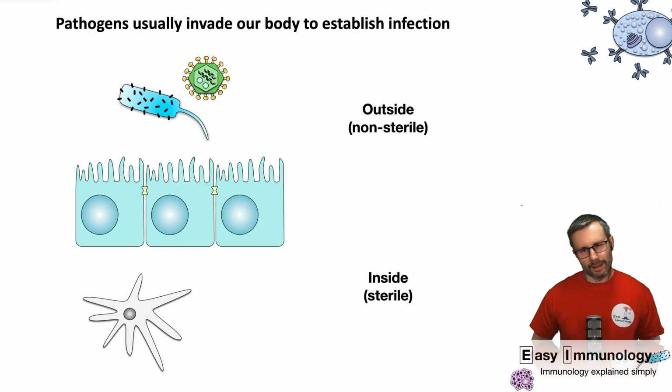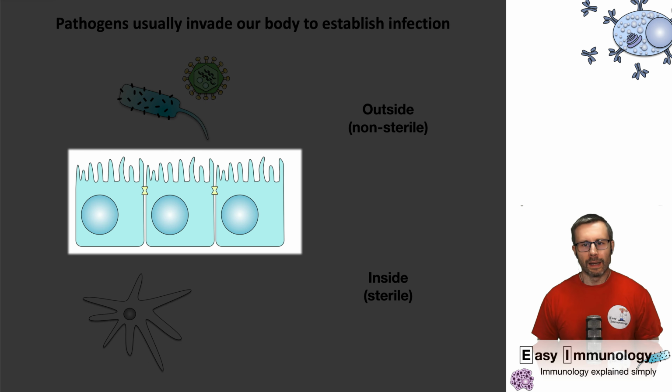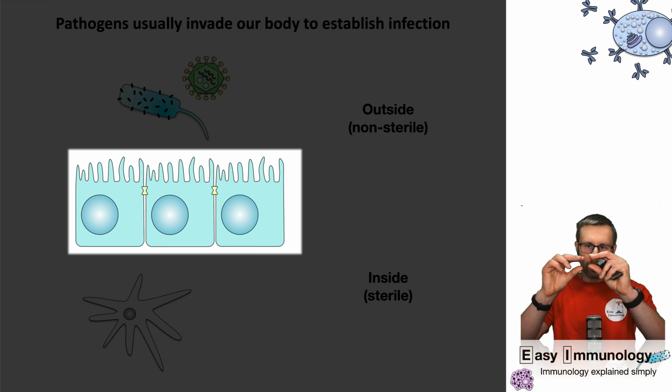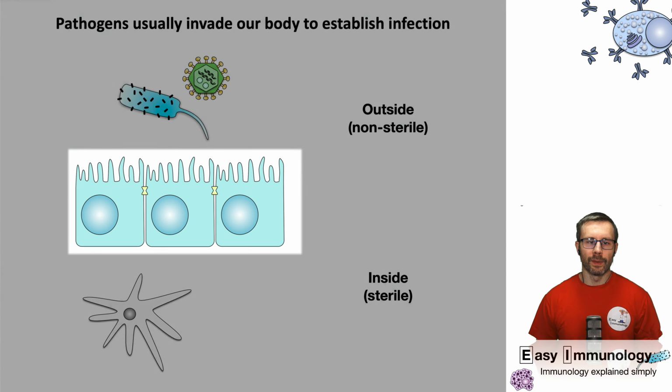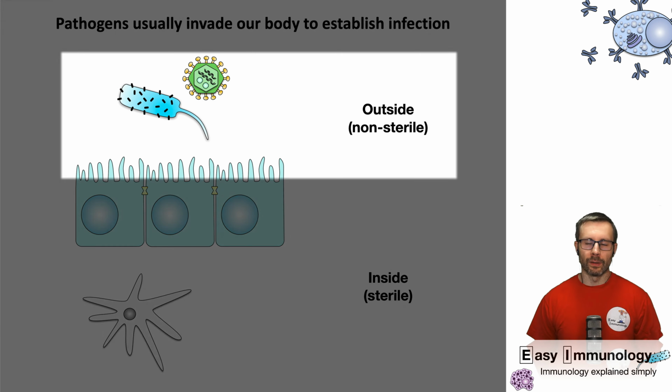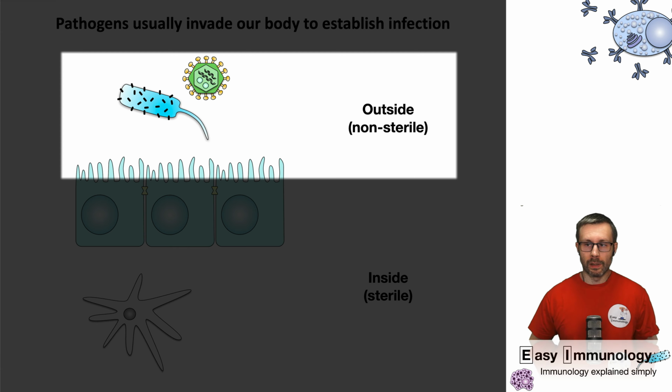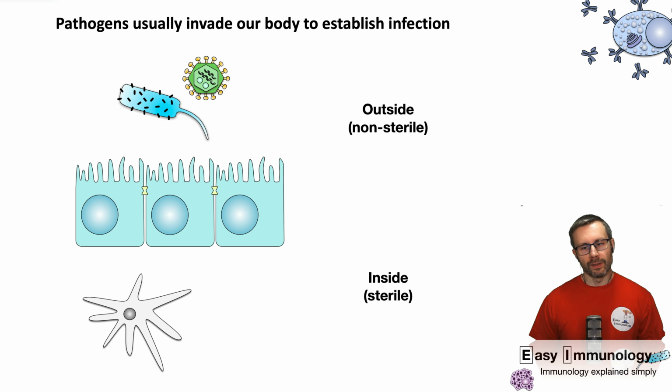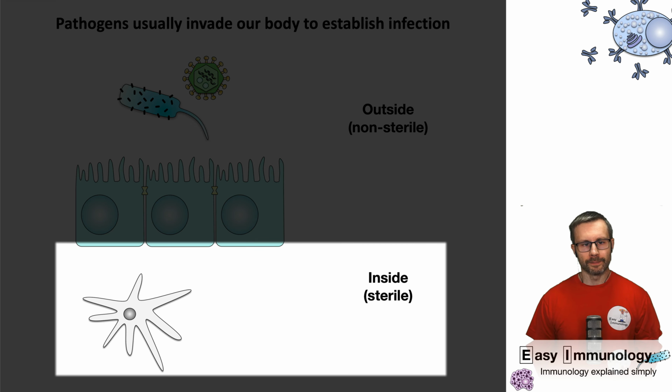So what are these cells? They are specialized cells. They look like this, and they are basically a 1-cell thick layer that separates the non-sterile outside with potentially a lot of pathogens from the sterile inside of your body.